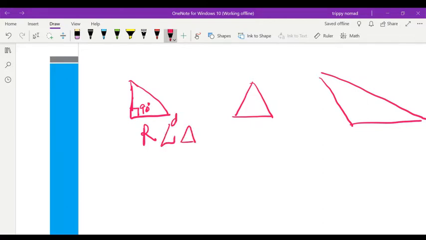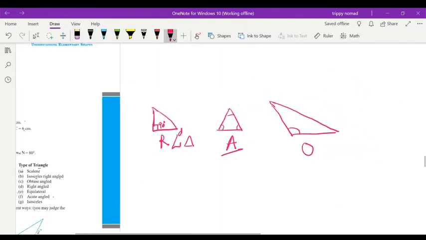If all the angles are less than 90 degrees, it is called an acute angle triangle. If one of the angles is more than 90, it is called an obtuse angle triangle.